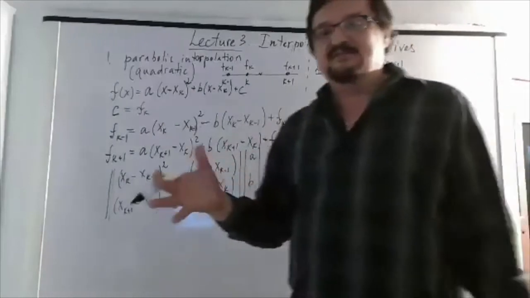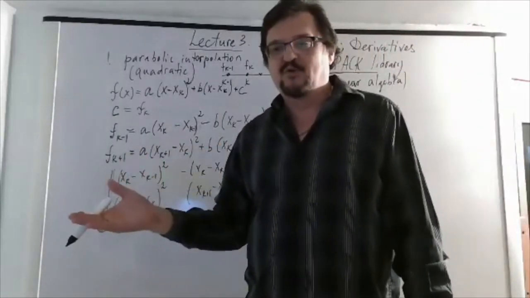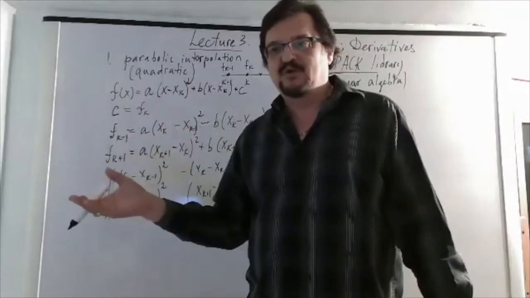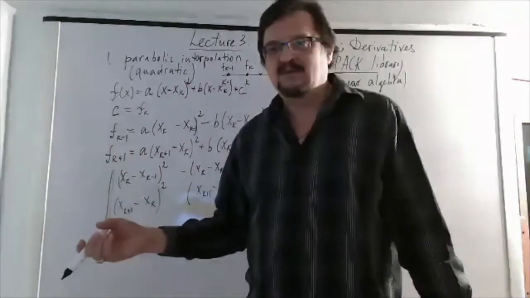Why do you need fast? Let's say that you do this interpolation for 1 billion grid points in your model. In each grid point, you interpolate your data into that point. You do it 1 billion times.